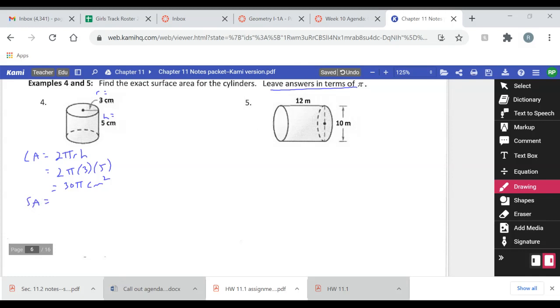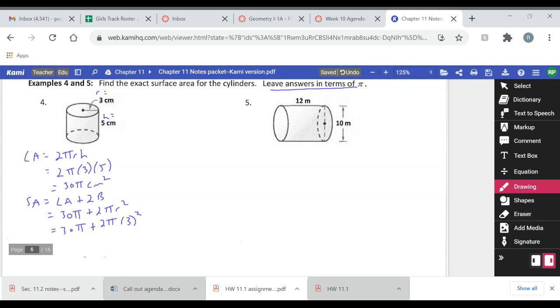The surface area here is the lateral area plus 2 capital B. If you want to start with the generic formula, we know the lateral area is 30 pi. We know that the capital B is pi r squared. So if I get more specific here, I know the radius is 3, and don't forget to square that.